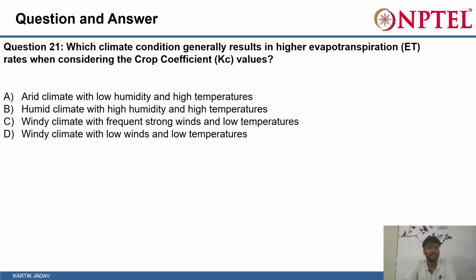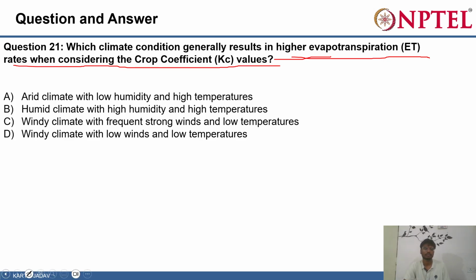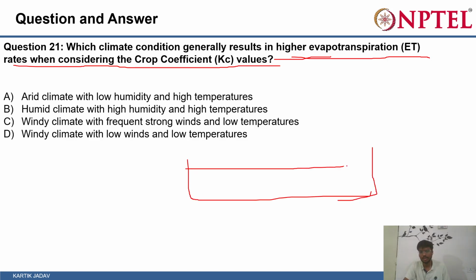Question number 21. Which climate condition generally results in higher evapotranspiration rates when considering crop coefficient value? So, you know that if there is any surface, suppose this is the water level present in one bucket, and this bucket is present in an arid climate with low humidity and high temperature.